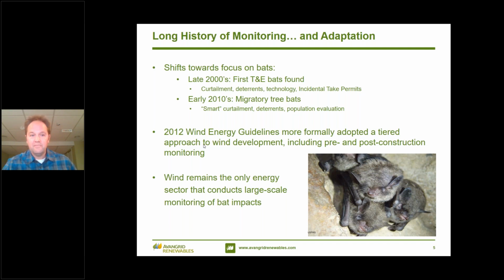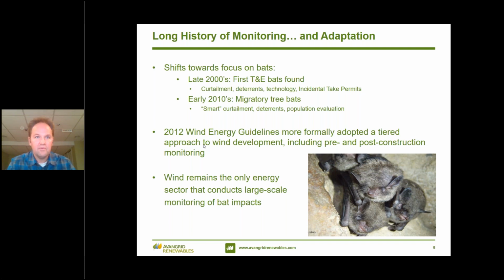First threatened and endangered species bats were found at wind projects in the late 2000s, which focused the industry to explore advanced concepts like curtailments, technology like deterrence, and incidental take permits. And then from the early 2010s on, the industry has been increasingly focused on migratory tree bats, which, it is noted, are 70% of the bat fatalities found at wind projects.